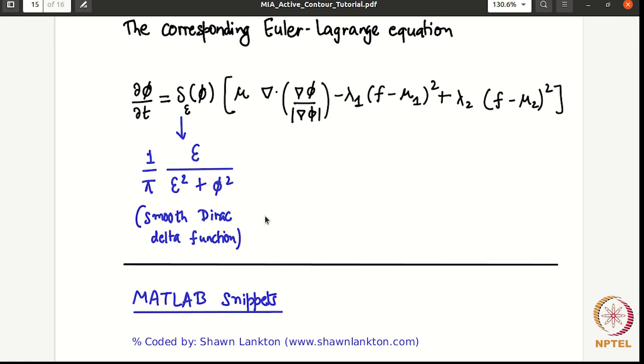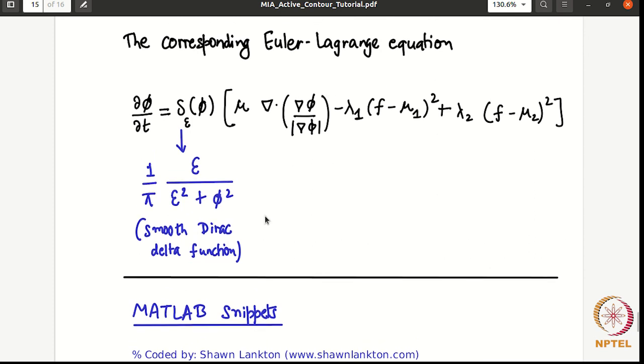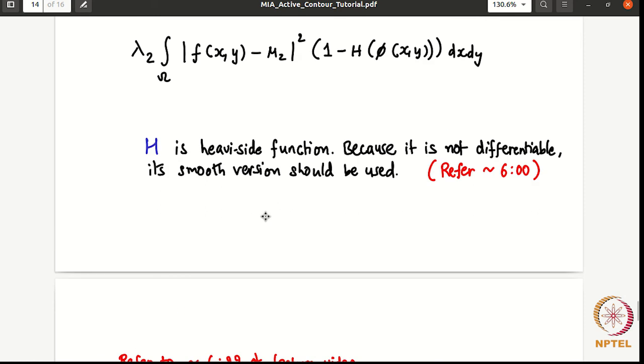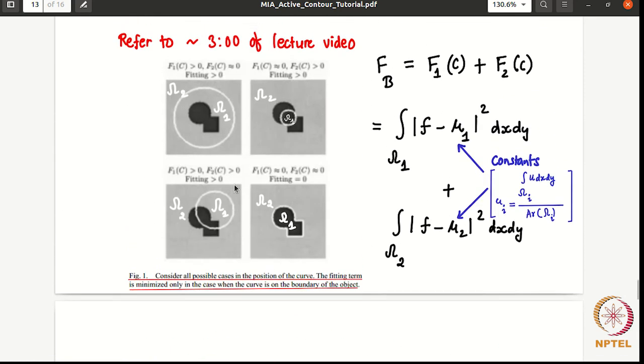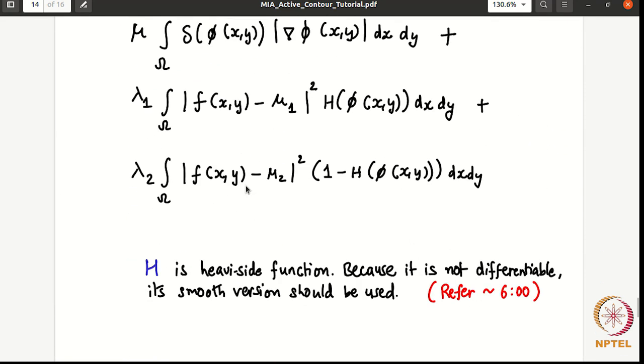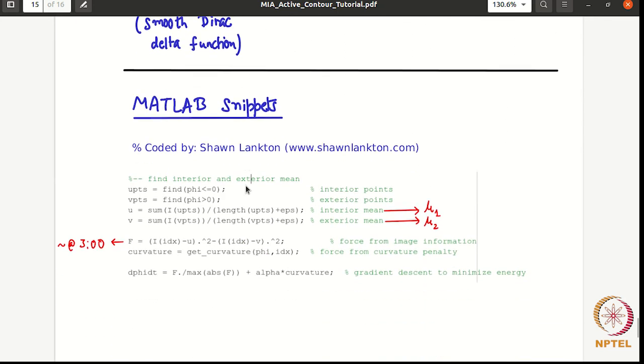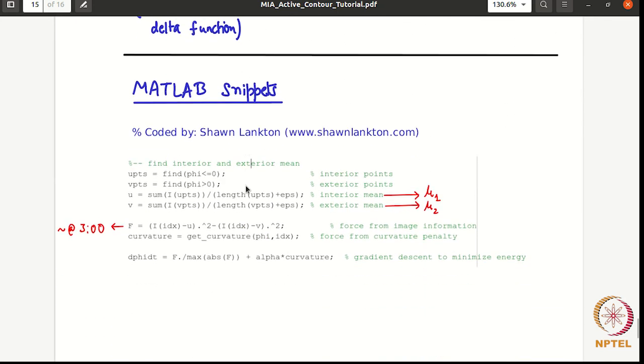Now, because this formulation is shown to you in the MATLAB snippet, we will show you the mean square loss term, this term that we were explaining for so long, and how it is implemented in the Chan-Vese segmentation.